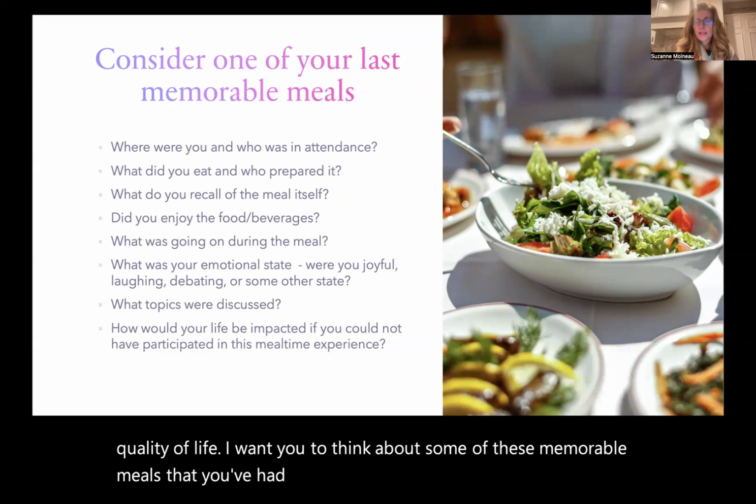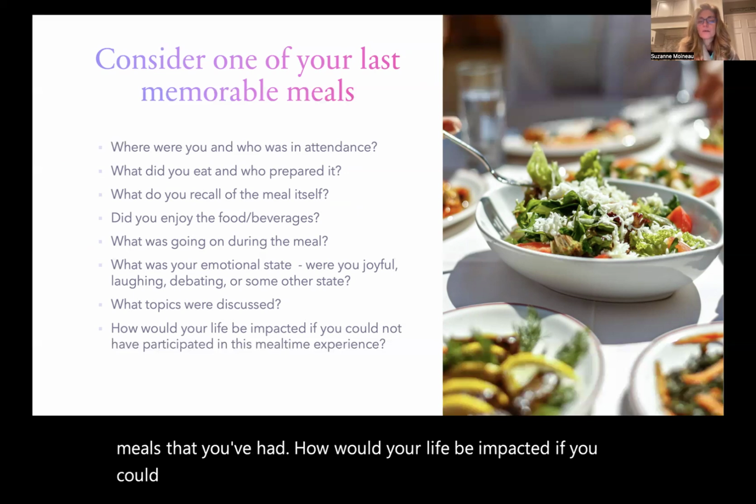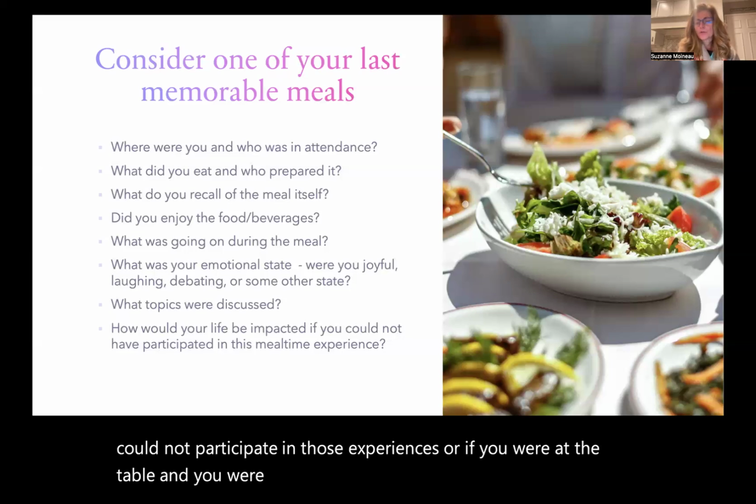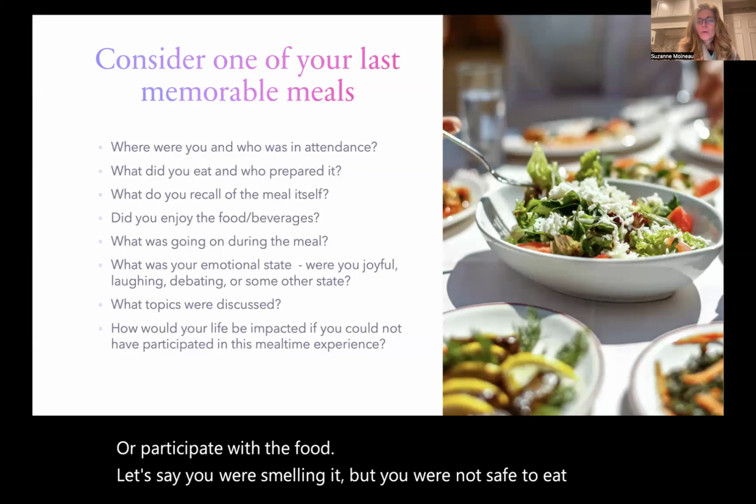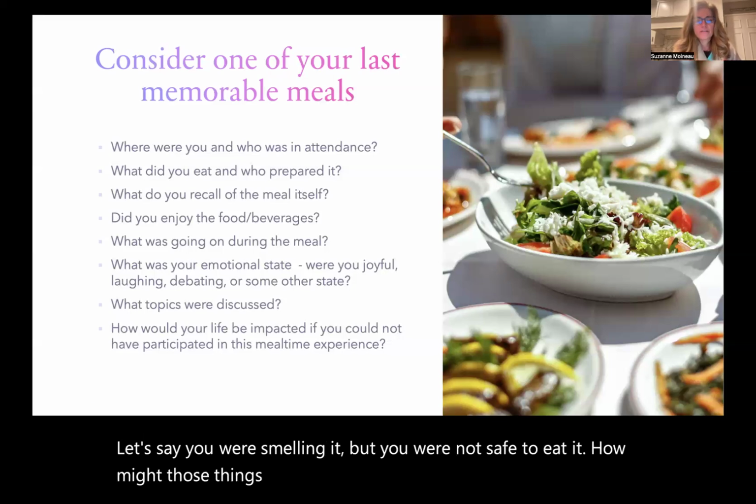How would your life be impacted if you could not participate in those experiences? Or if you were at the table and you were not able to engage or participate with the food? Let's say you were smelling it, but you were not safe to eat it. How might those things impact your life? I want you to reflect on that.